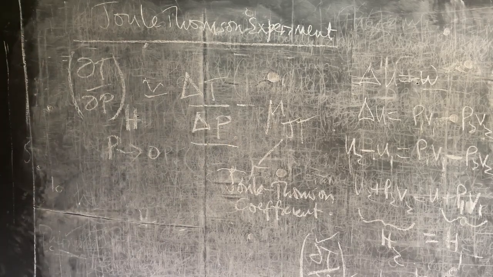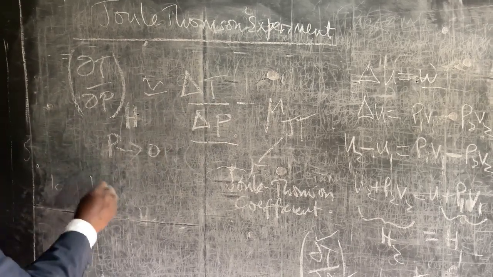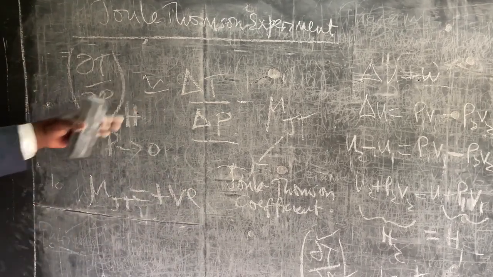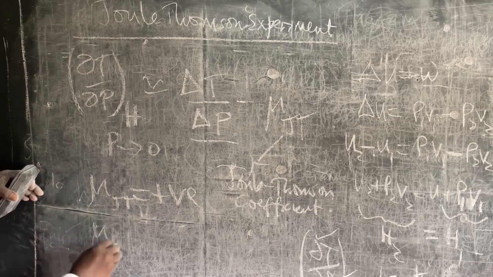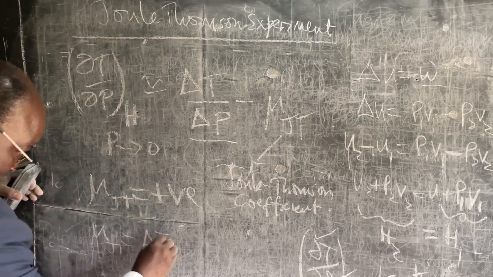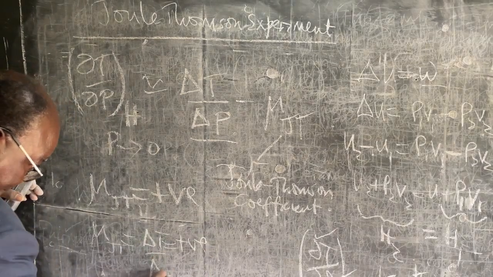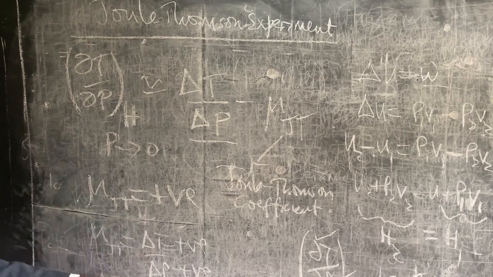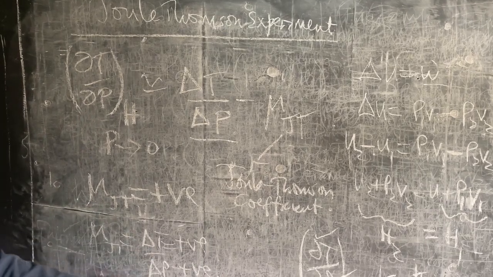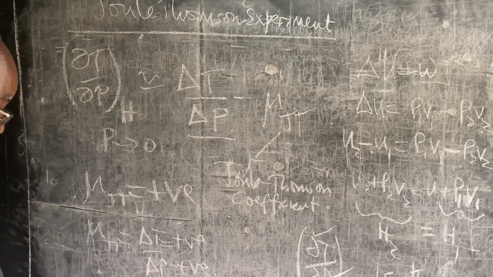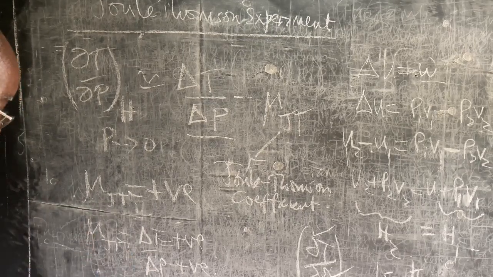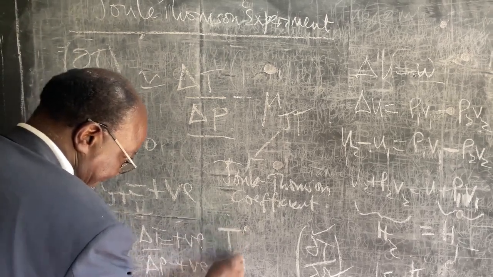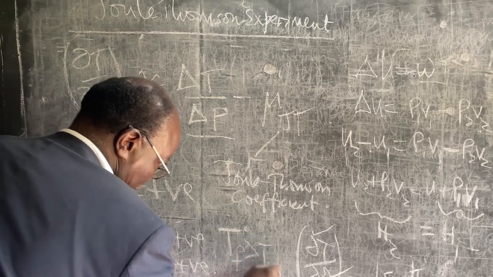What is the significance of the Joule-Thomson coefficient? Suppose the Joule-Thomson coefficient has a positive value. Then all it means is that delta T is positive and delta P is positive, or delta T is negative and delta P is negative. So what is delta T positive? It simply means that the final temperature is greater than the initial temperature.